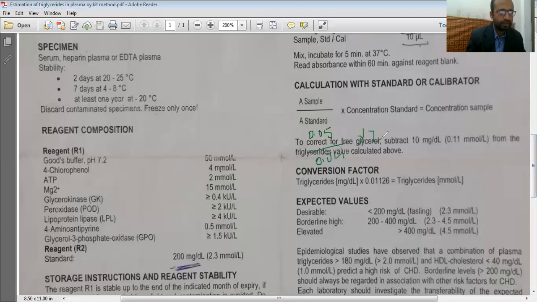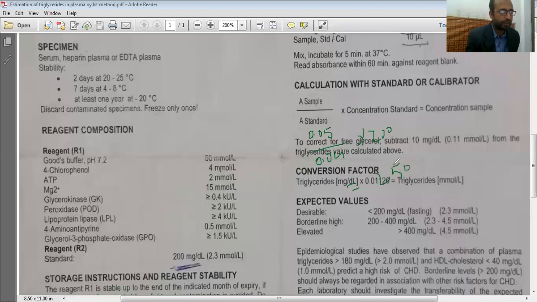Multiply it with 200. What will be the answer? 0.05 over 0.04 multiplied by 200. Answer is 250.